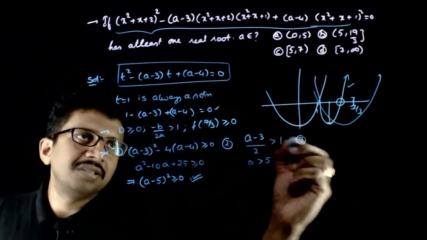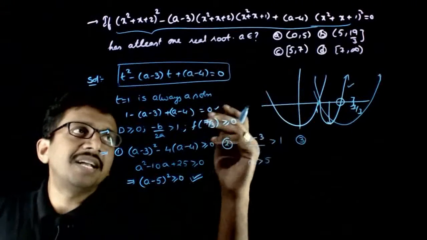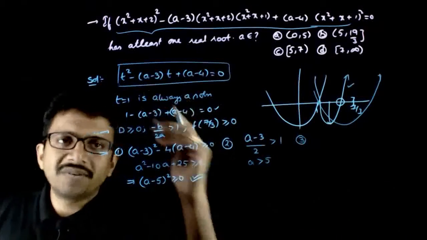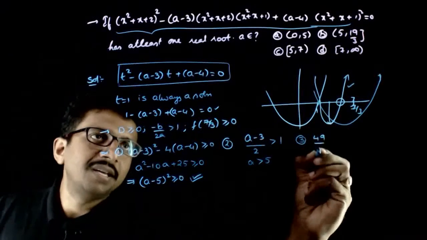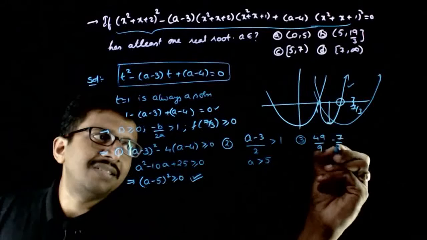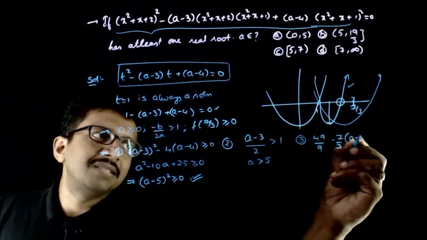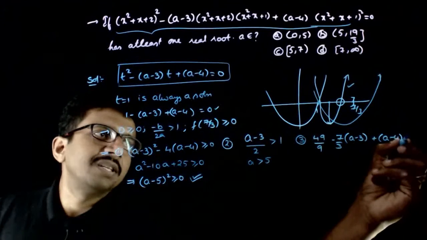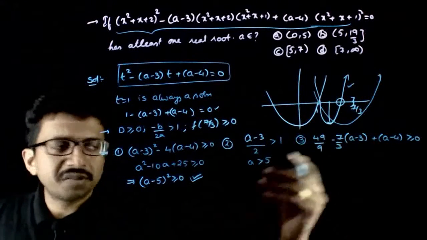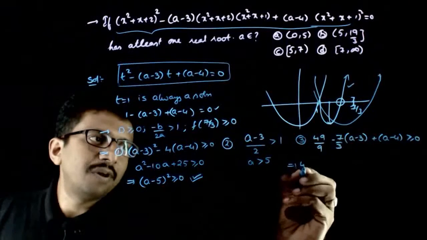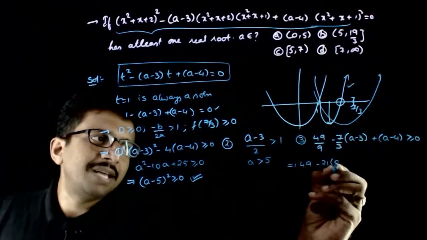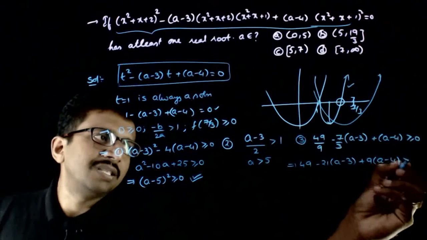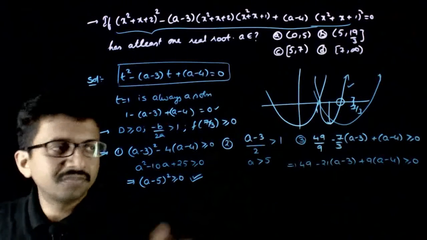And the third condition is that f of 7 by 3 is greater than or equal to 0. That is, if you put 7 by 3, you have 49 by 9 minus 7 by 3 times (a minus 3) plus a minus 4 is greater than or equal to 0. If you take LCM, you get 49 minus 21 times (a minus 3) plus 9 times (a minus 4) is greater than or equal to 0.